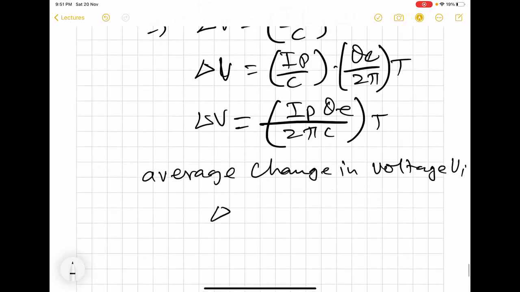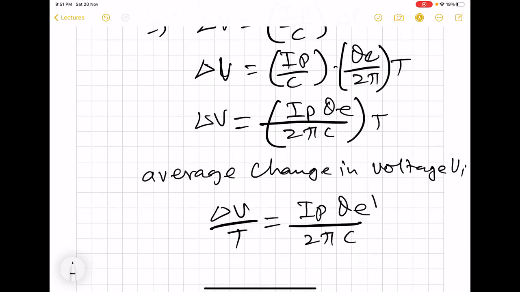That average is going to be the rise in the voltage over the total duration, which is equal to Ip theta e by 2 pi C.